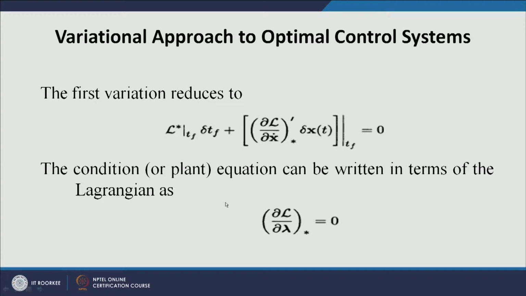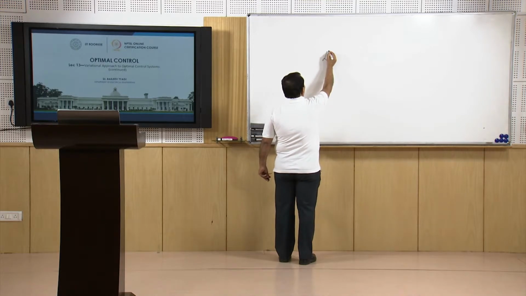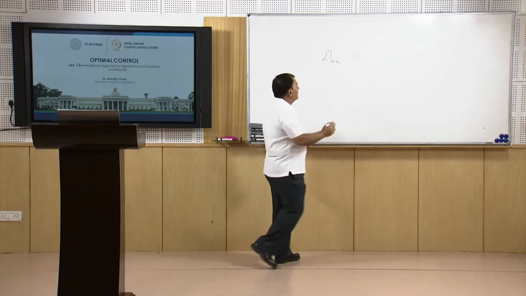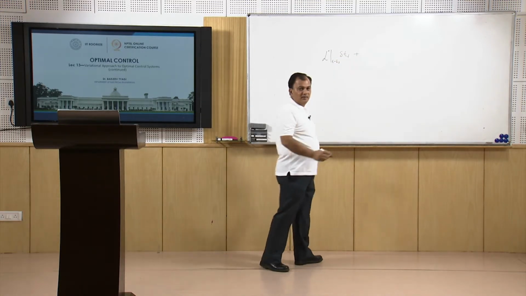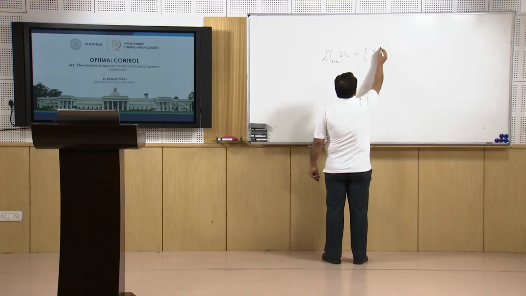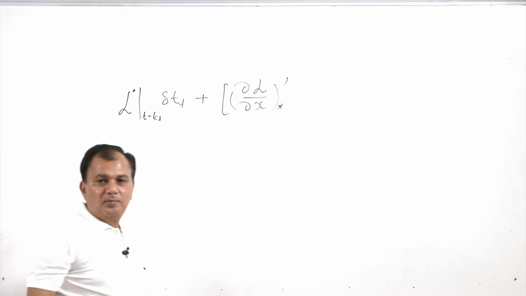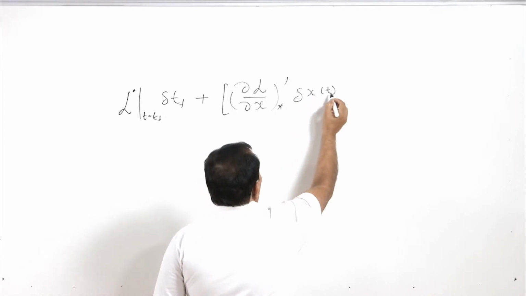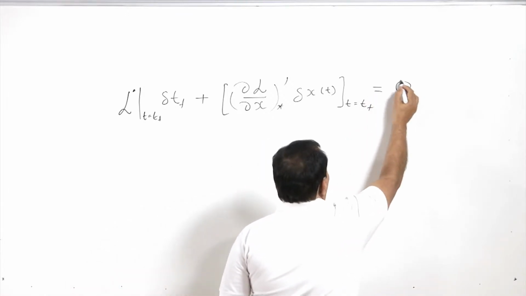So, what actually we are doing with this expression, the final condition which we have taken as the L star at t equal to Tf point multiplied with delta Tf plus del L by del x prime multiplied with delta x of t at t equal to Tf point, and I am saying this condition is equal to 0.